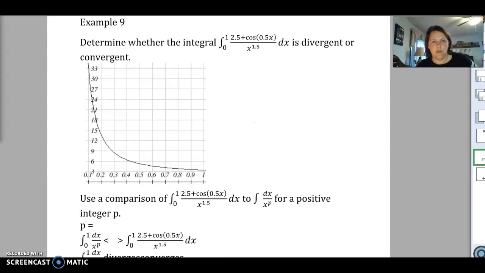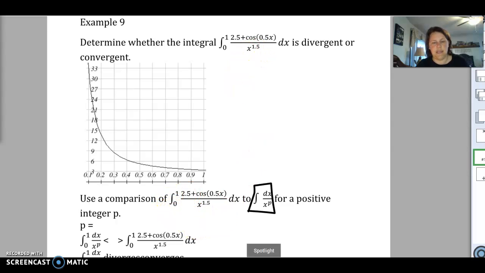All right, on example number 9, we need to determine if the integral of this equation right here is divergent or convergent, and we want to do a comparison of it. So we want to know an equation in this format that we can compare to this equation.